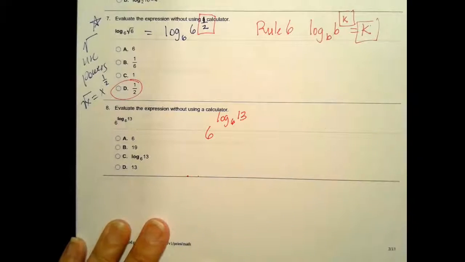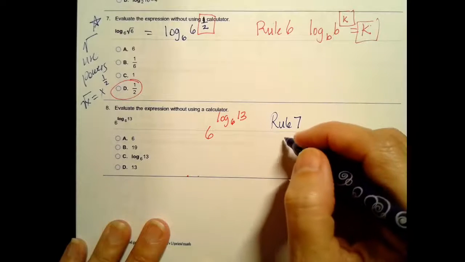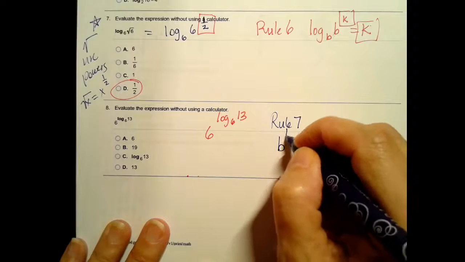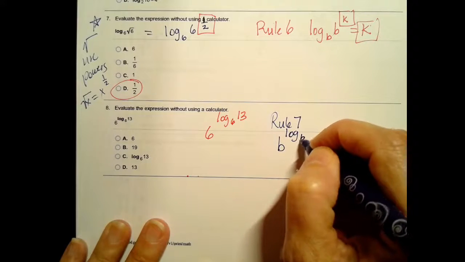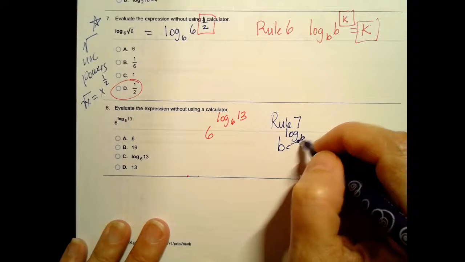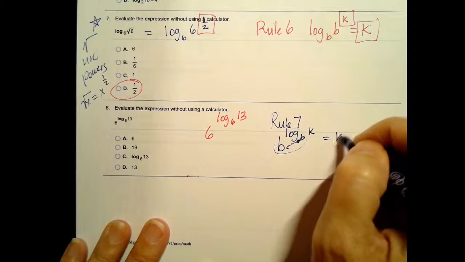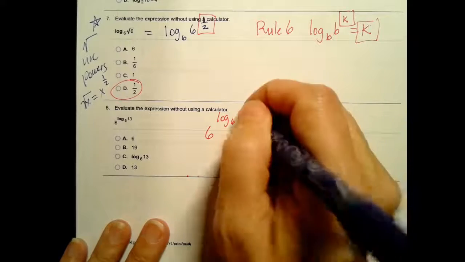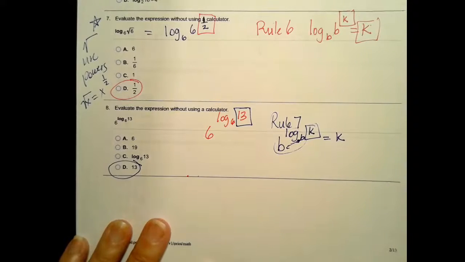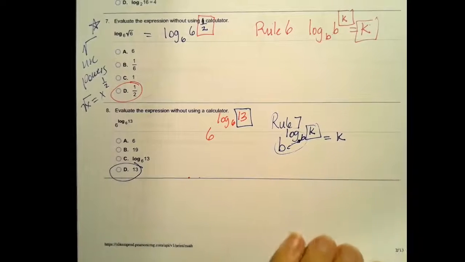Well, if you go back and look at rule number 7, it says if I have a base raised to a log of the same base, then these things cancel each other out and you're just left with the k. So I'm just left with 13. So that is problem number 8.